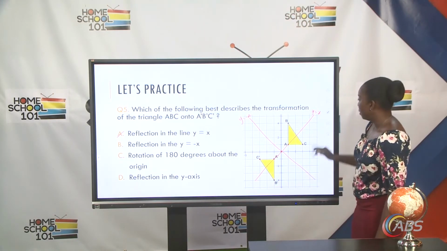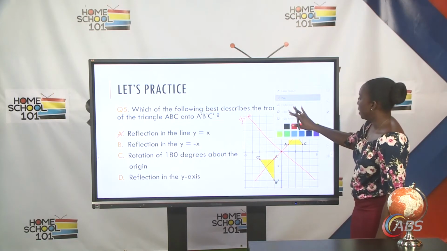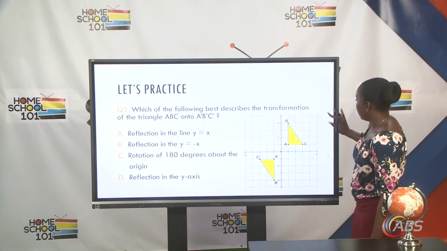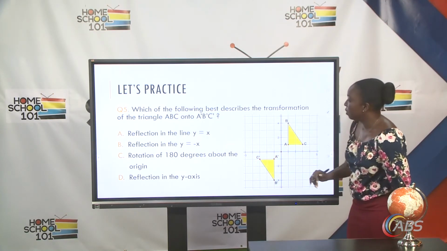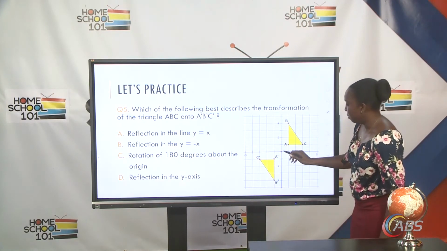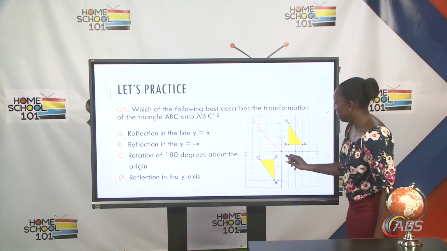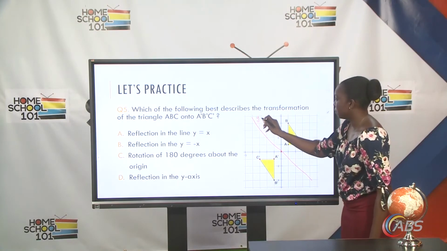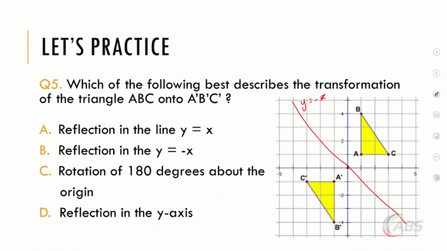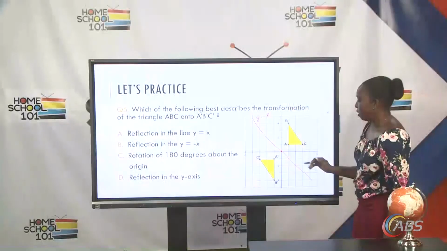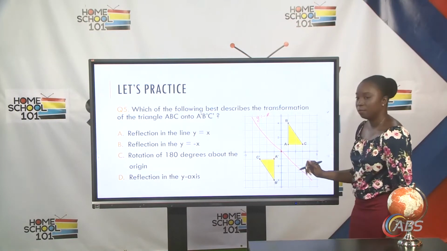C prime. So let's go ahead and actually flip that in our line y equals negative x and see what that would look like. So this is our line y equals negative x. If this were a reflection, what would it look like? Our A indeed would be in the same position, but where would B be located?